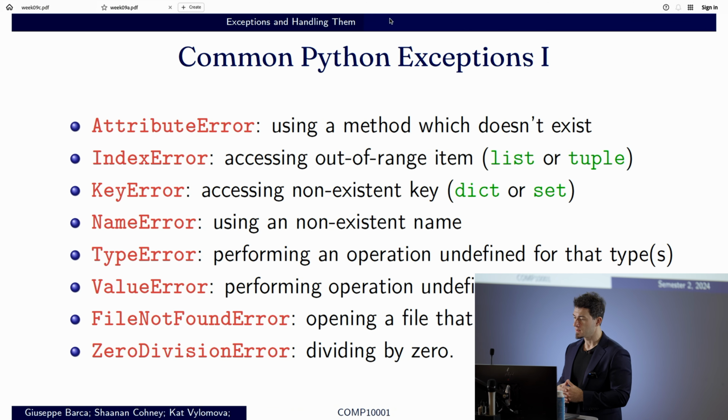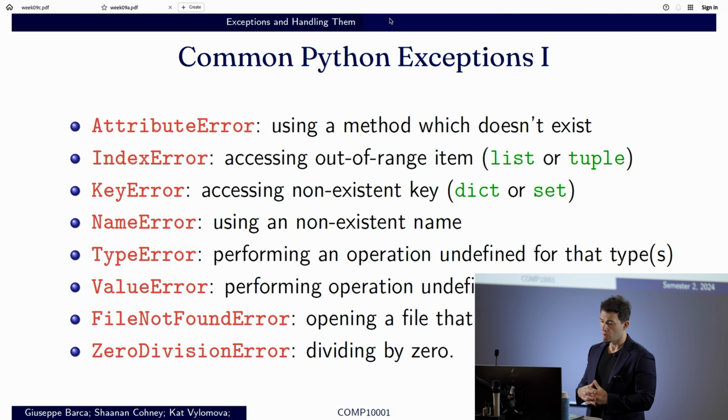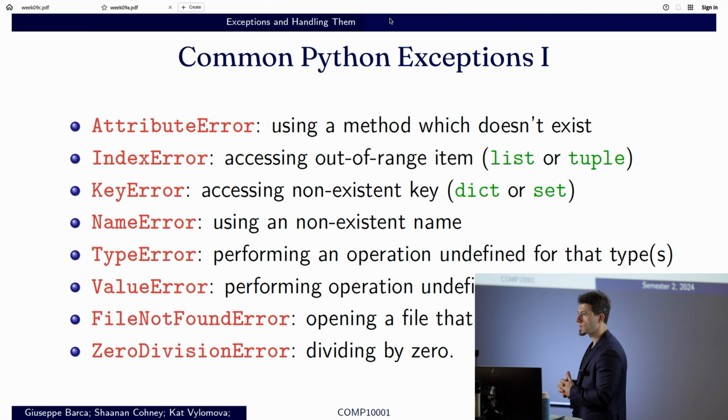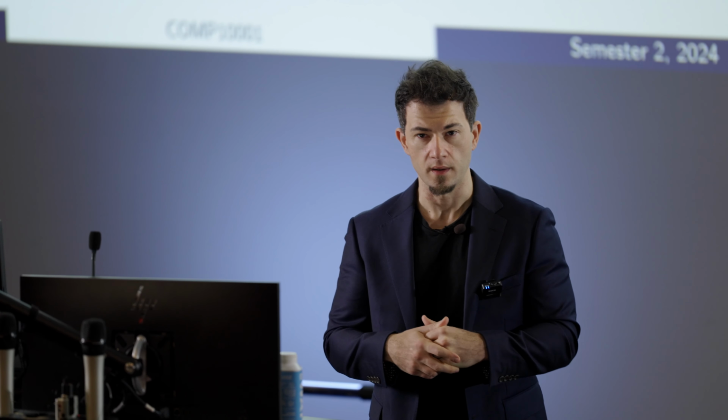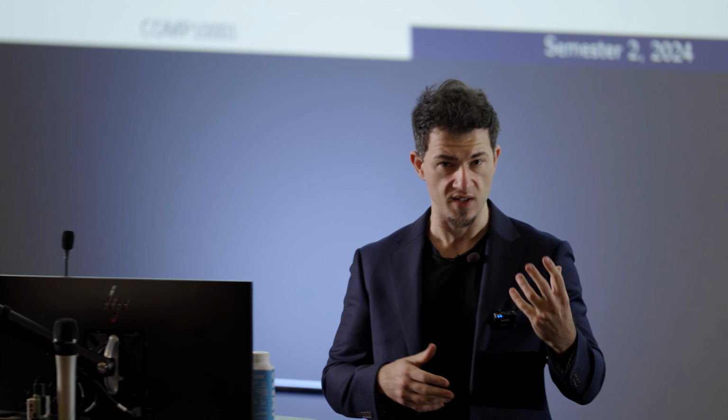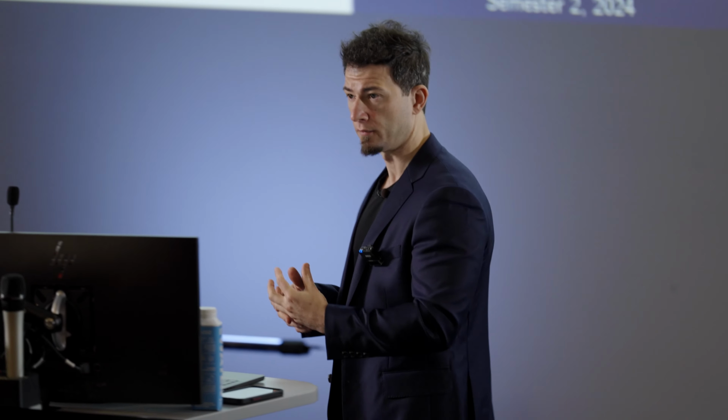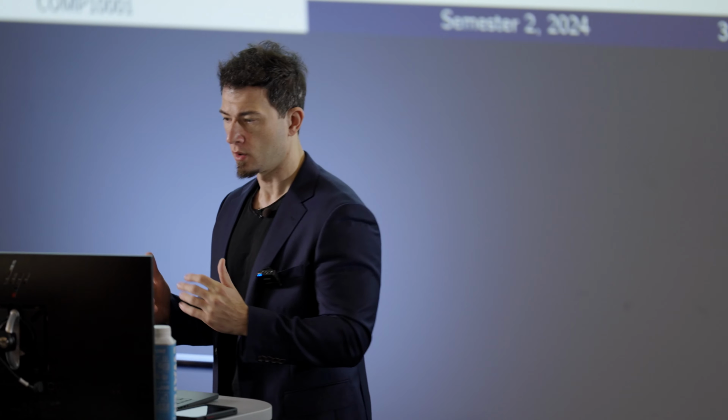The first one is the attribute error. This happens when you're trying to use a method or an attribute which is associated with an object that doesn't have that particular method or attribute. For example, if you try to call a string method on a number.